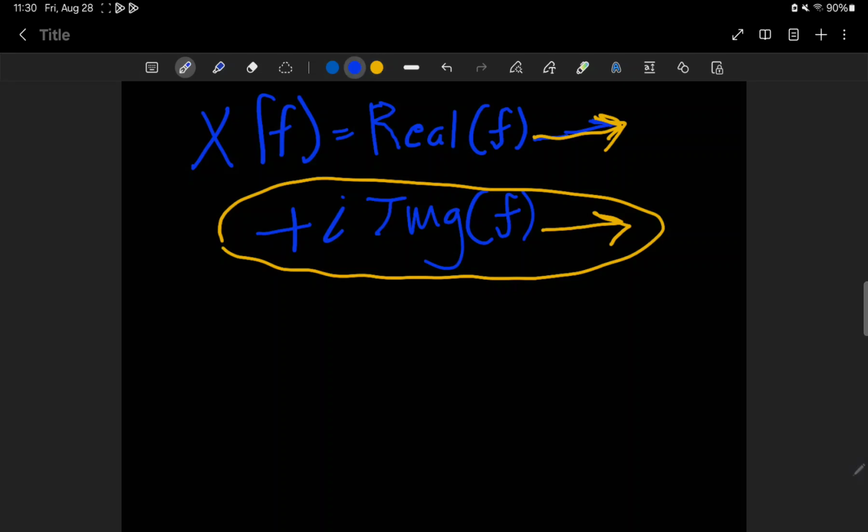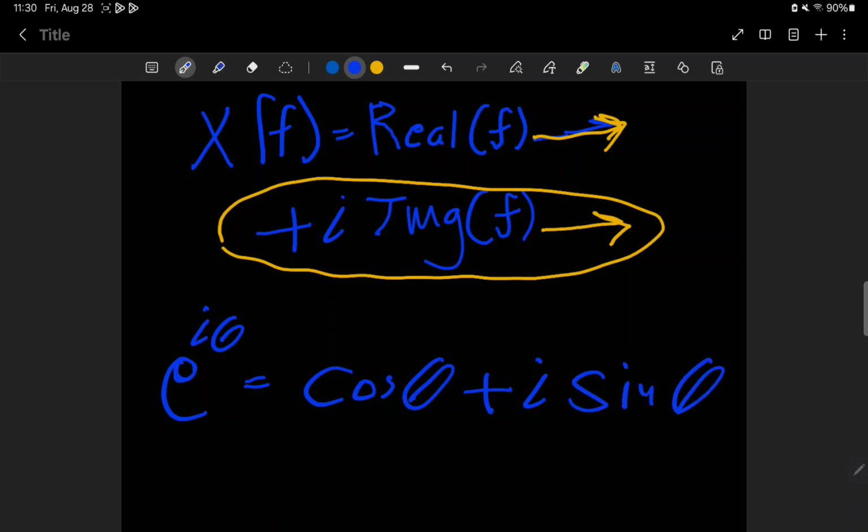And remember that Euler's formula in complex form is cosine theta plus i, the imaginary number, times sine theta. So the cosine, or the real part, tells me about the strength of my signal, and the imaginary part indicates time and position.